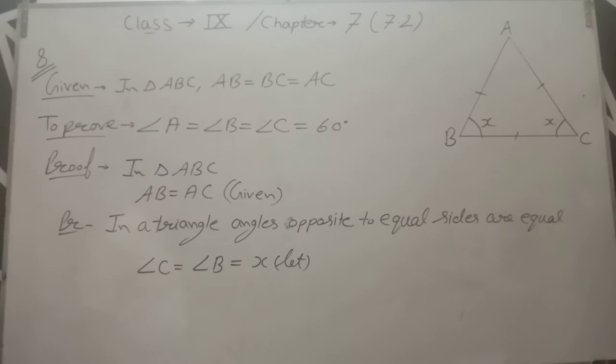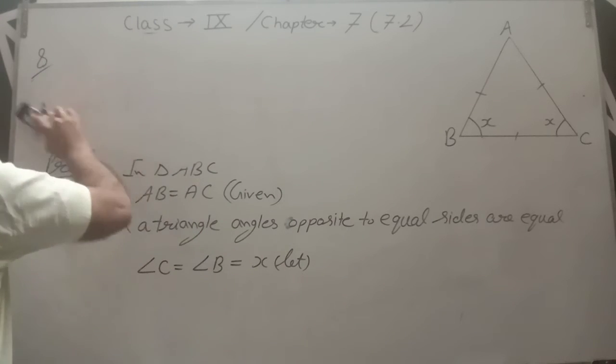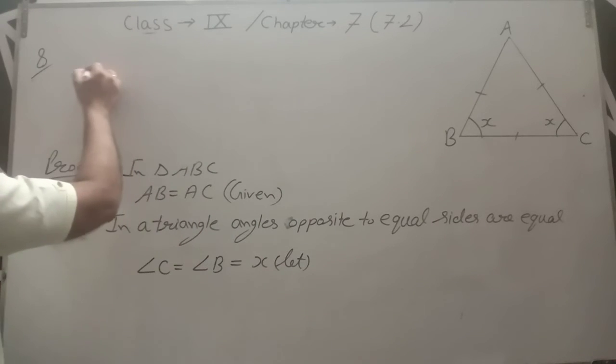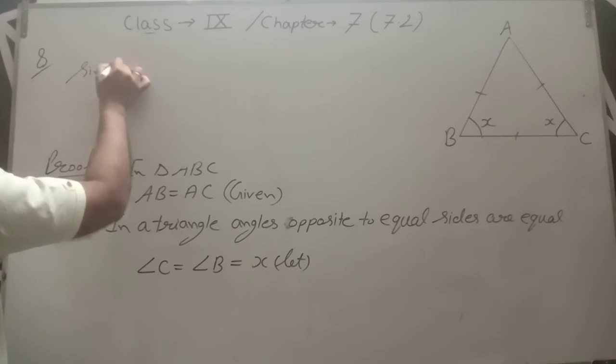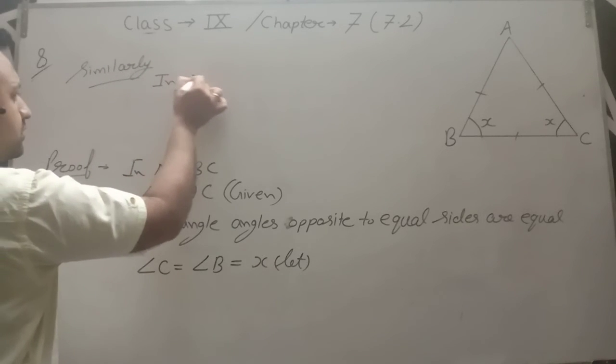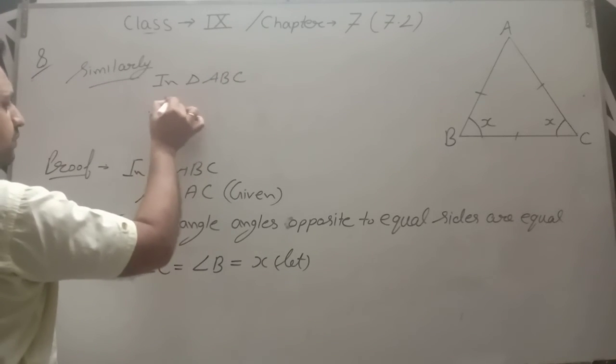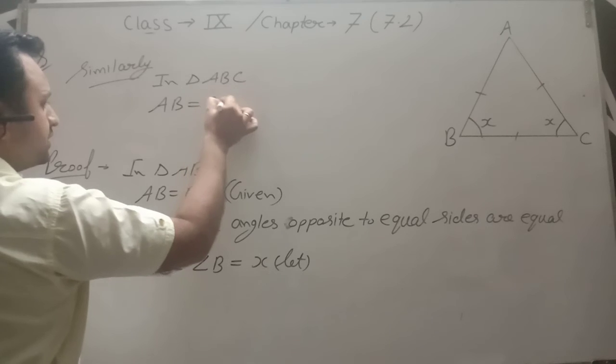Similarly, we take another pair of equal sides. Similarly, in triangle ABC, we consider AB is equal to BC.